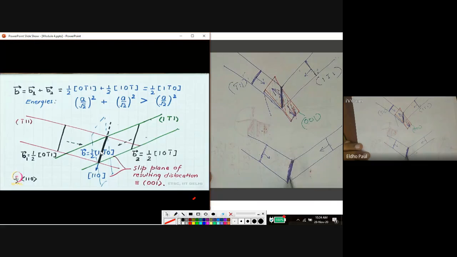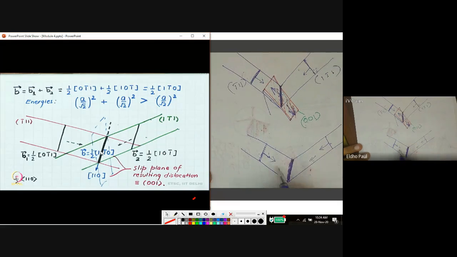When another dislocation tries to move in this direction, this higher energy dislocation line repels and restricts its movement, as well as that of this dislocation.